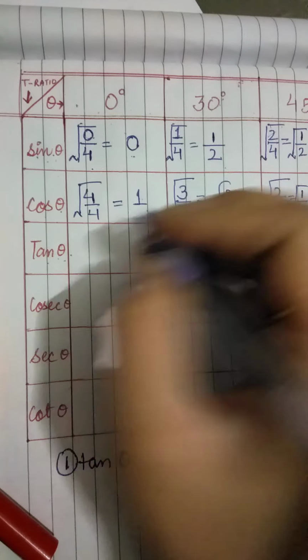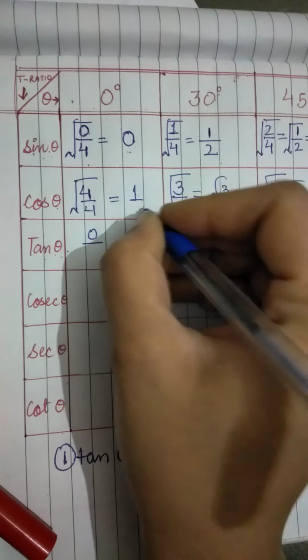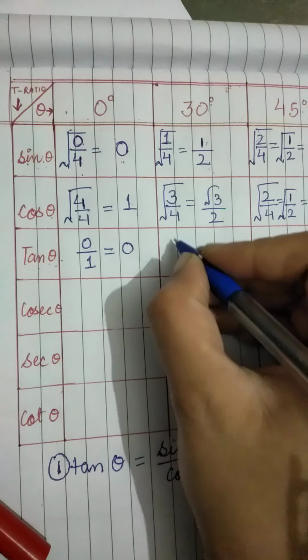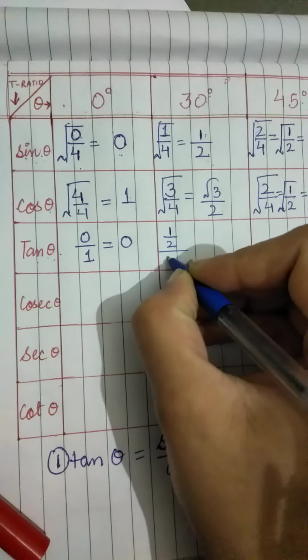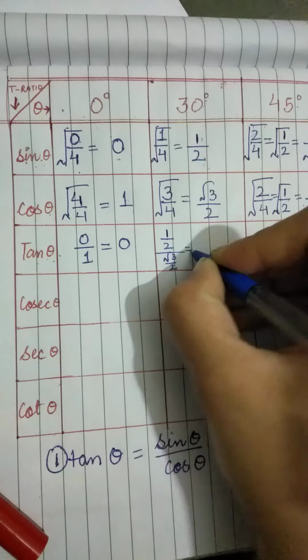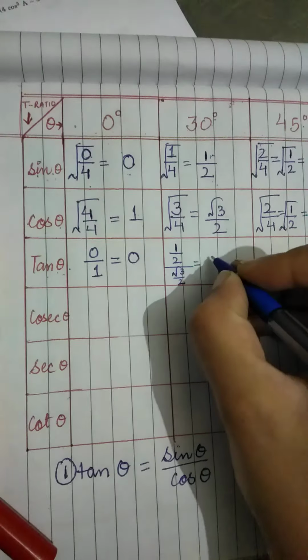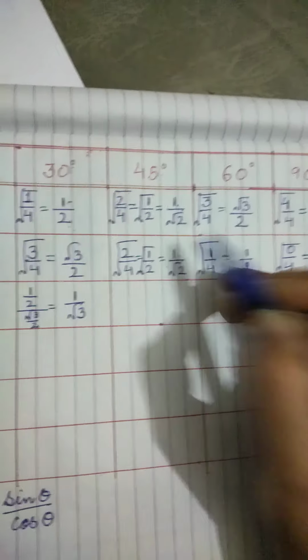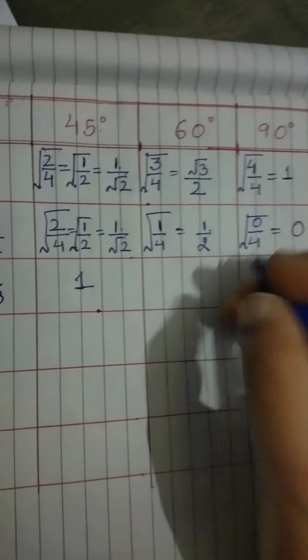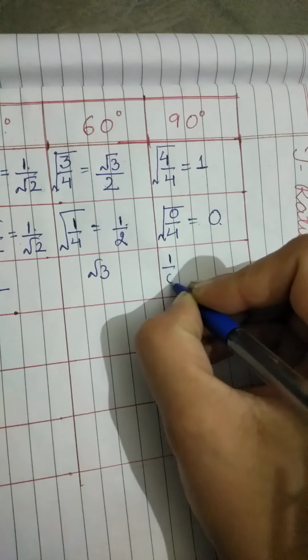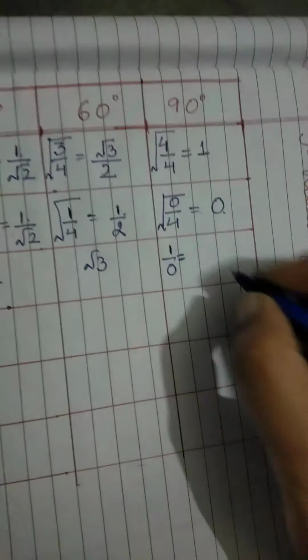Now what will you do, divide the answers of both of these, 0 on top and 1 at the bottom. What will the answer be? 0. Then 1 divided by 2 divided by under root 3 divided by 2. So you will solve this, and you get 1 divided by under root 3. Here I want 1 divided by 1, so answer is 1. And under root 3 divided by 1 is under root 3. Or 1 divided by 0. We know that we can't divide any number by 0.